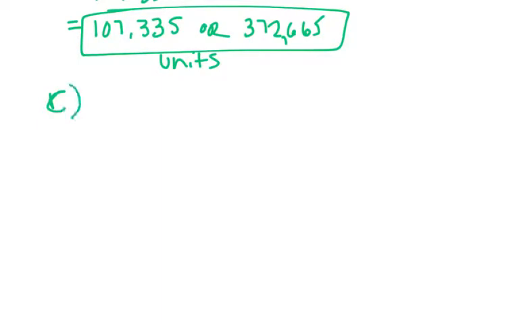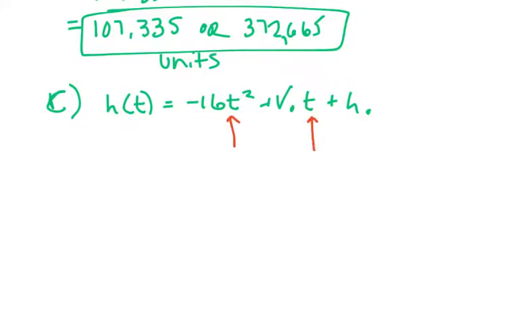Your equation is negative 16t squared plus the velocity times t plus the initial height. They actually want you to plug in this t that we just got.